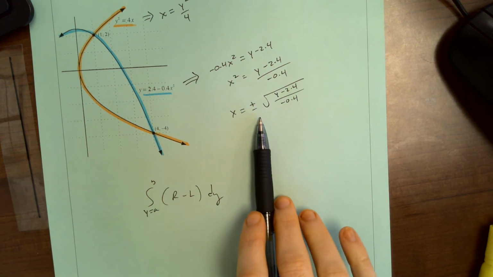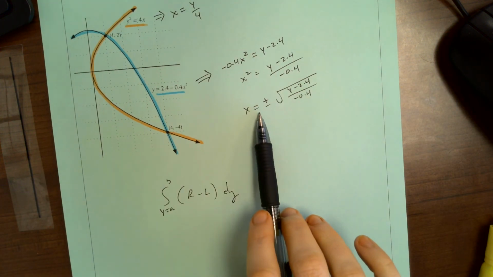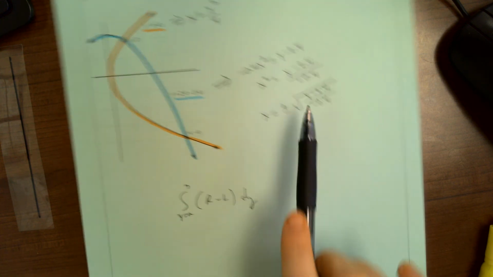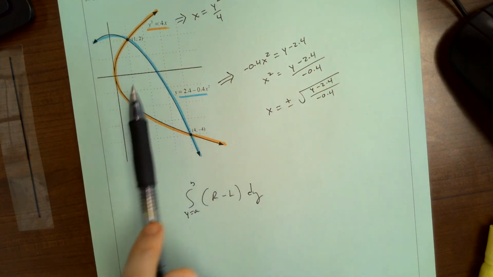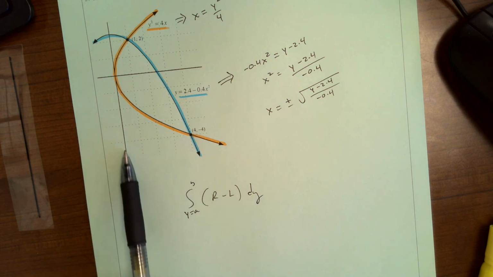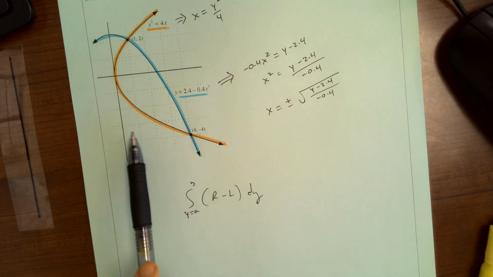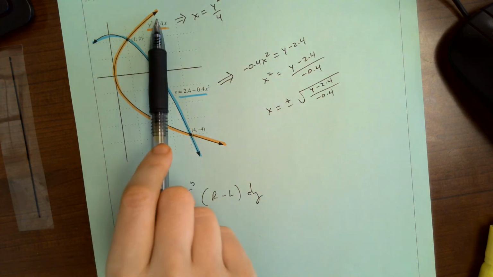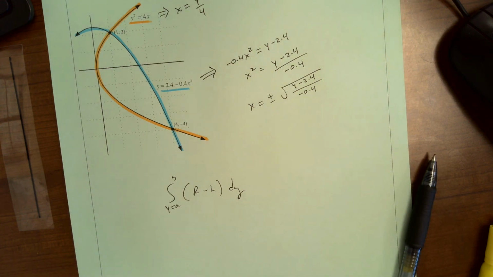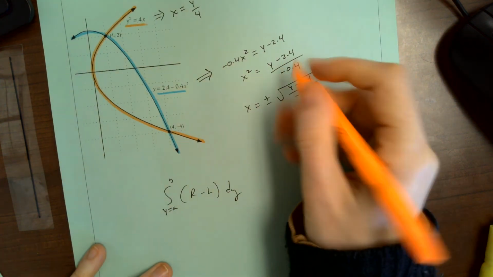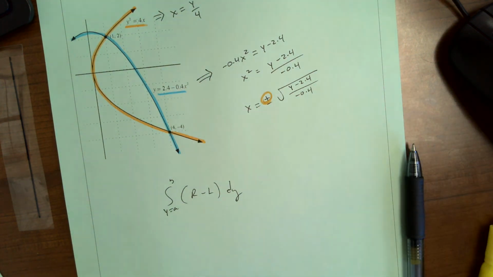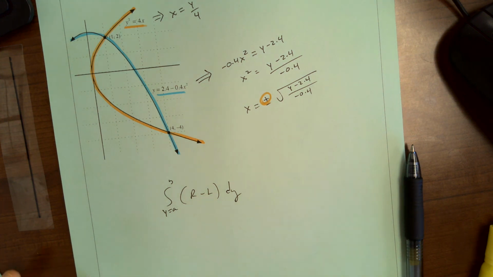Now you have to ask yourself, am I keeping the plus or the minus? Well, this region is on the right side of the y-axis, and x's are always positive on the right side of the y-axis. So we're just keeping the positive one. All right, so that's what we're going to be using.